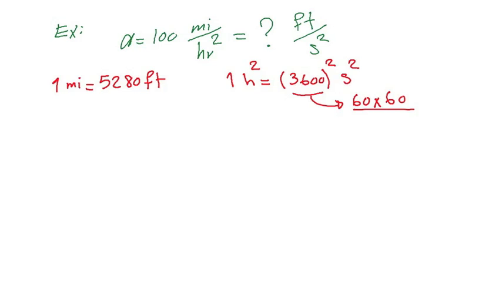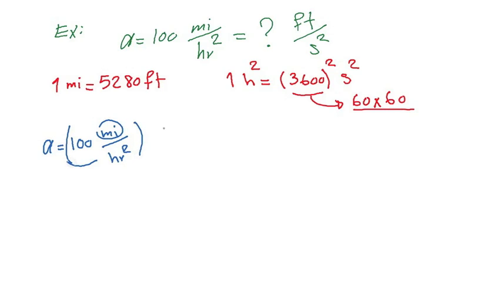In order to get rid of... A is equal to 100 mile per hour squared. Okay. In order to get rid of mile unit in the numerator, we should multiply this number by an expression contains mile in denominator.